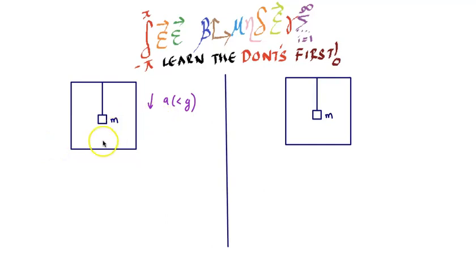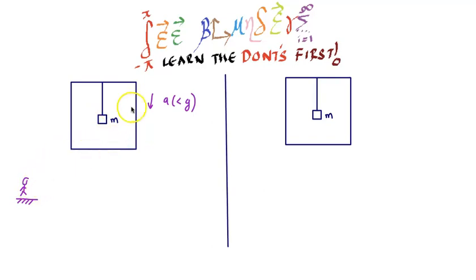And so as always we want to start with the free body diagram of the block that we're analyzing, and before we do that we need to fix the frame of reference, right? So in the first case, let's consider the frame of reference to be the ground. So we have the ground, and someone standing on the ground is observing this block of mass m.